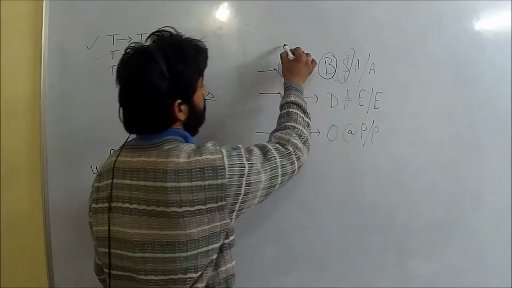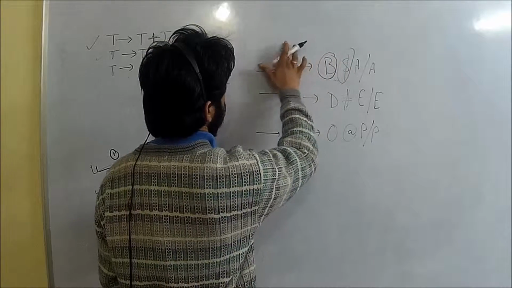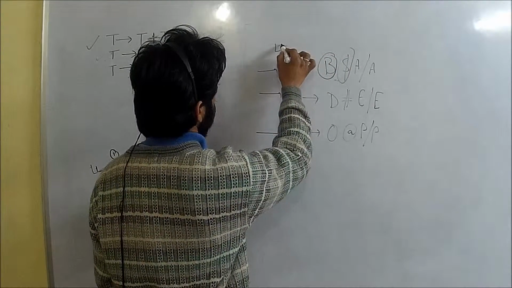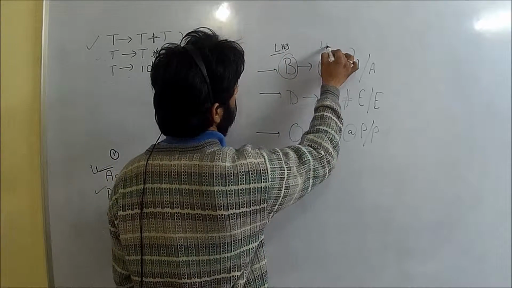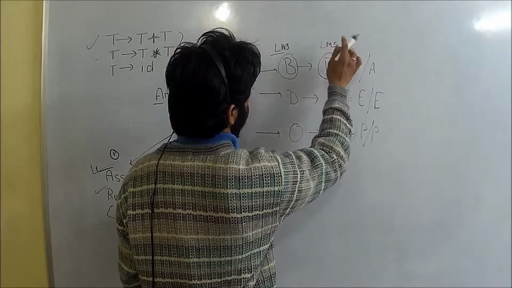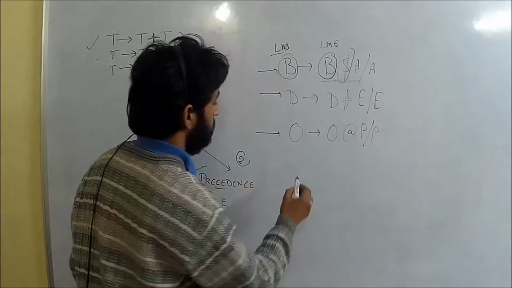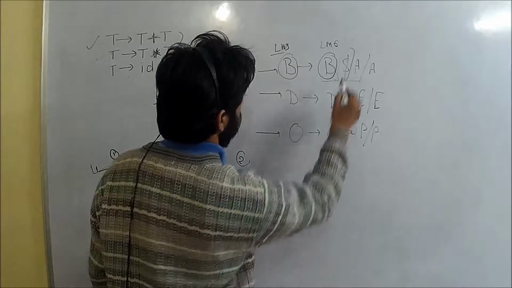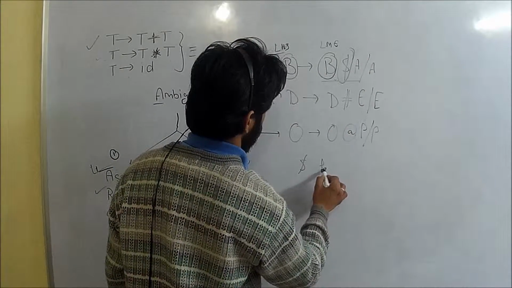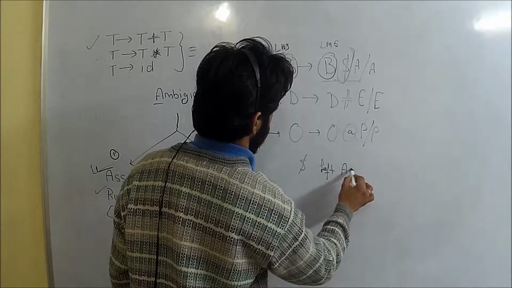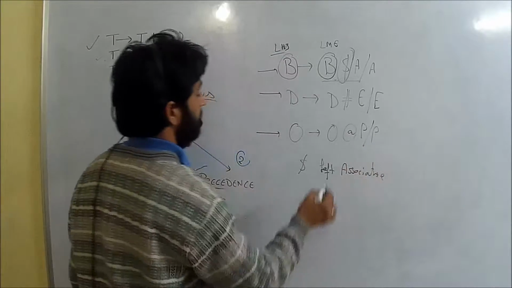Here the leftmost element, the left hand side element, is equal to the leftmost element of this production. Okay, so this dollar is left associative.